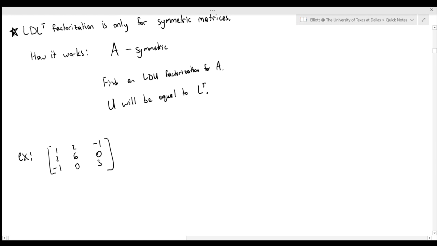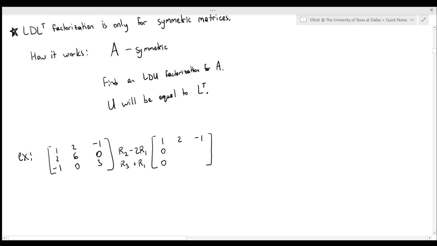And so we're just going to get a regular LDU factorization. So to start with, we're going to reduce to an upper triangular matrix. So let's get rid of the 2 and the -1. Okay. That's going to give us 1, 0, 0, 2, -1.